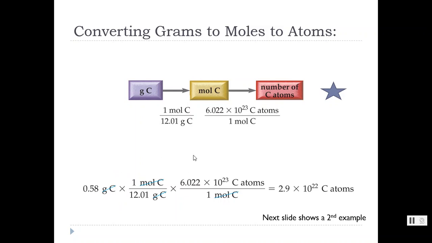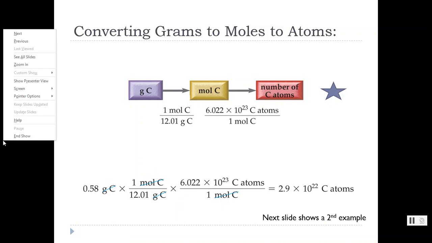Now, there's no direct one-step path from the unit grams of carbon to carbon atoms. We have to go through chemist's favorite unit, the mole, which is to first convert our grams of carbon into moles of carbon using the molar mass of carbon, written appropriately so that the units cancel.